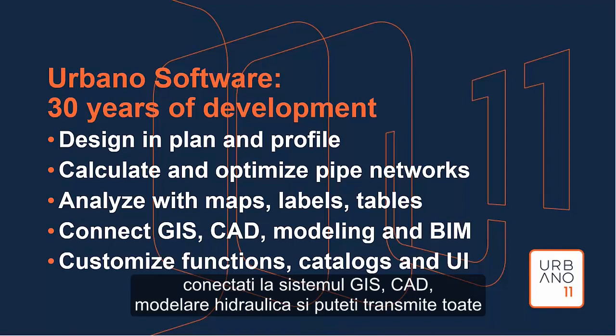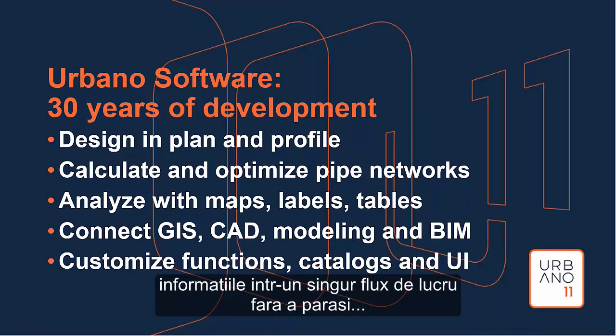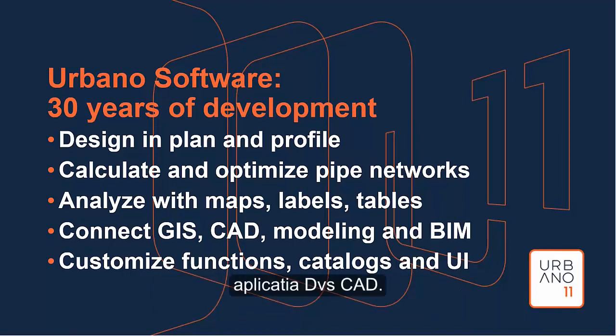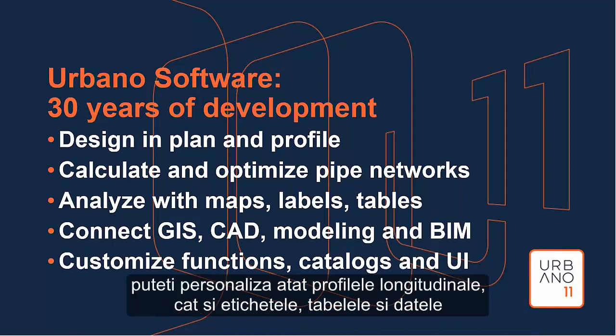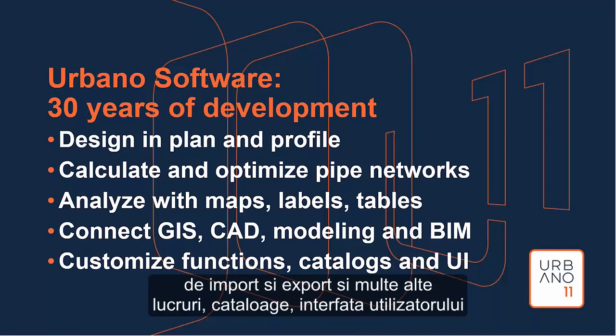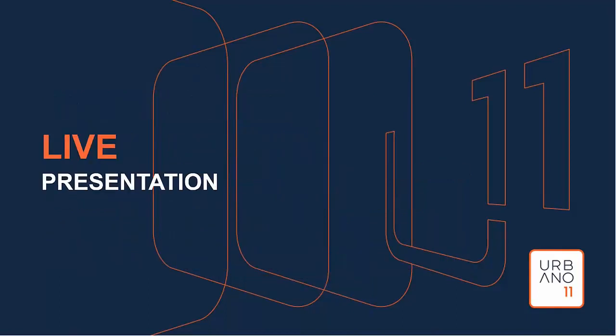You can connect GIS systems, CAD, hydraulic modeling, and BIM all into one workflow without leaving your CAD software. And there are a lot of customization functions, so you can customize profiles and labels and data tables and data import and export and many other things, catalogs, the user interface, and so on.